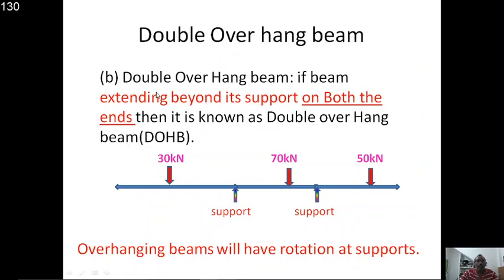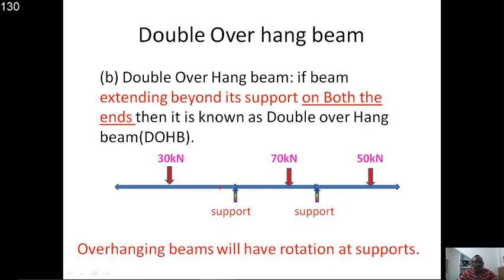Double overhang beam: if the beam extends beyond its support on both ends, then it is known as a double overhang beam. So you see that here the beam has supports, support 1 here and support 2 here. It has both the supports.